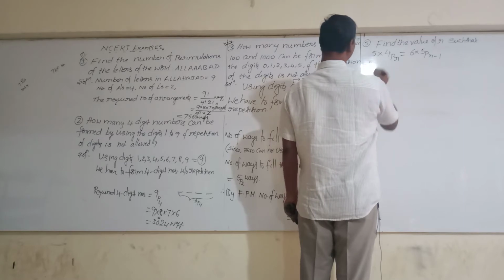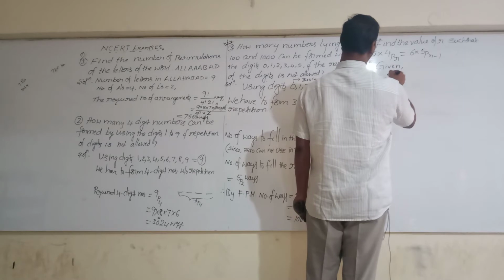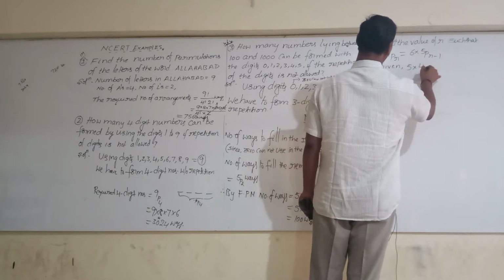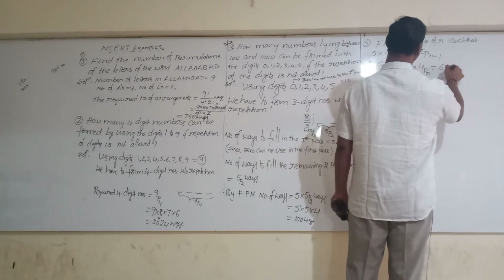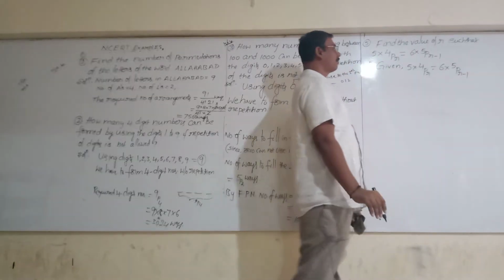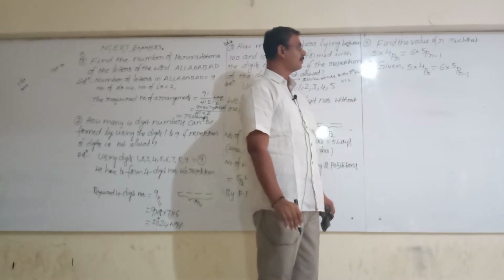So take this problem. How to solve? Let us take the given condition: 5 into 4Pr equals 6 into 5P(r minus 1).